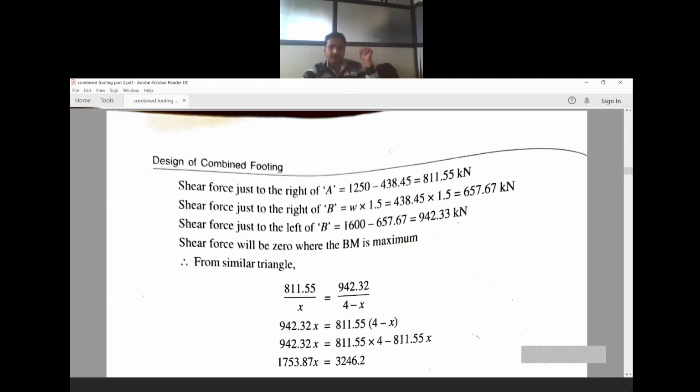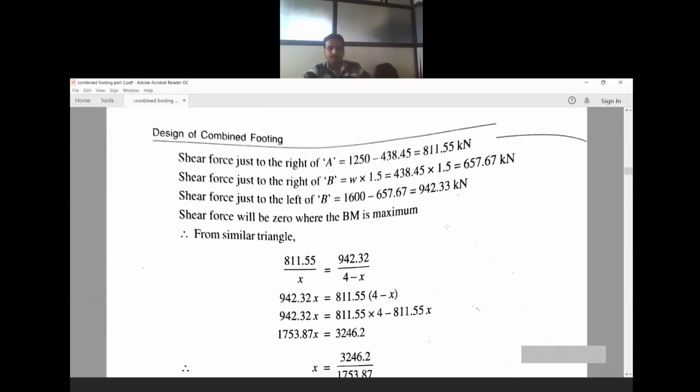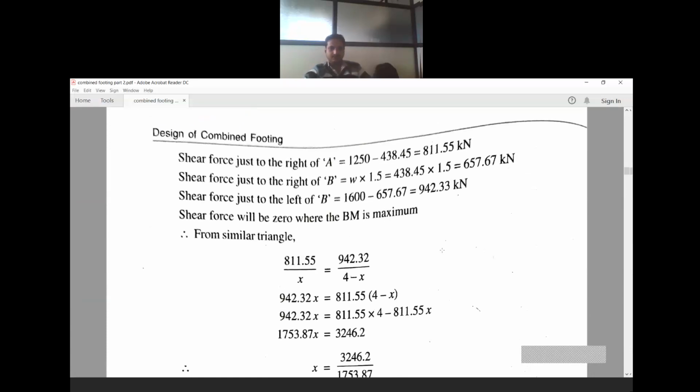Similarly for the projection length P2, from B to B dash, the length is 1.5. So 438.45 into 1.5 is the shear force value just right of B, and just left of B you will add the value of 1600. Do that and you will get these values.